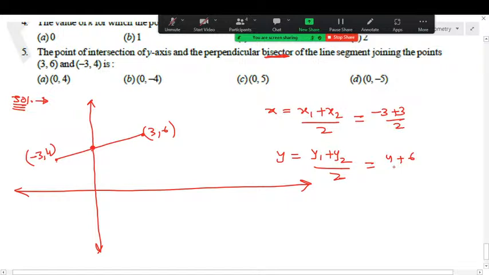So 4 plus 6, 8 divided by 2, which is 4. So minus 3 plus 3 divided by 2, that is 0 over 2, which is 0. And here it is 10 over 2, that is 5. That means 0 comma 5 is your point. And that means C part is your answer.